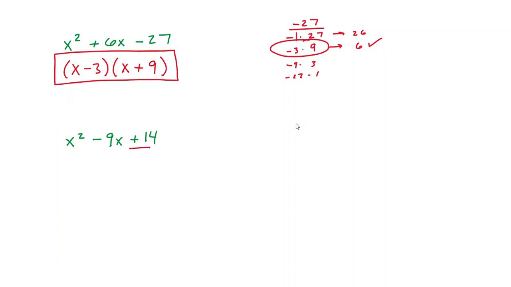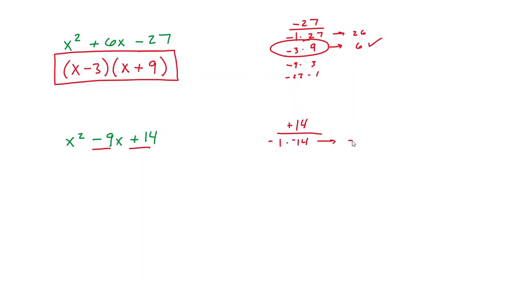The constant term is 14, positive 14. So 1 times 14. Oh, can we do a shortcut here? Well, there's two things I could do. First of all, I know that the middle term, the one I'm looking for, is negative 9, so my two factors are either both positive or both negative, and so they have to be both negative. So I could go to all the trouble of writing negative 1 times negative 14.